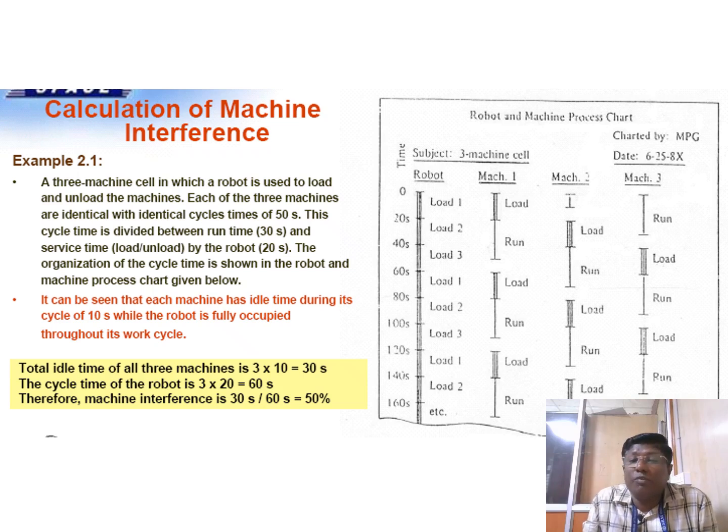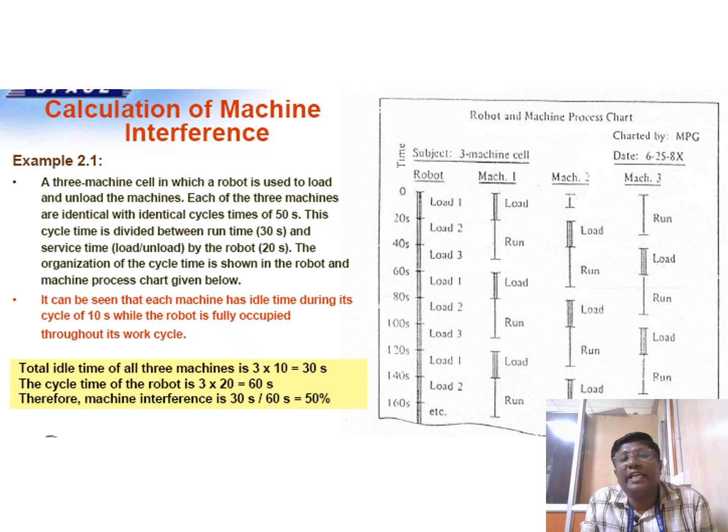Now we will see what is happening. Robot 1, when it is loading for 20 seconds, machine 1 is taking the load, while machine 2 is idle and machine 3 is also idle. When the robot takes load 2, it loads the second machine, and at that time machine 3 is still free.